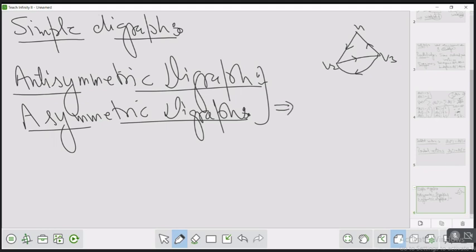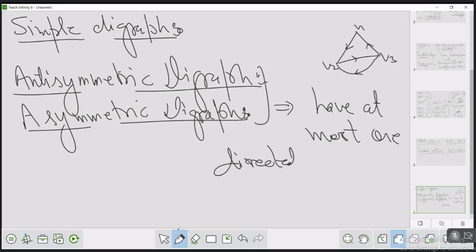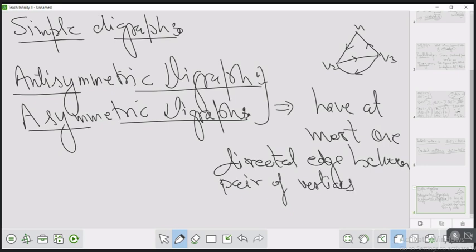We can say a directed graph that has at most one directed edge between a pair of vertices. Self loop allowed.